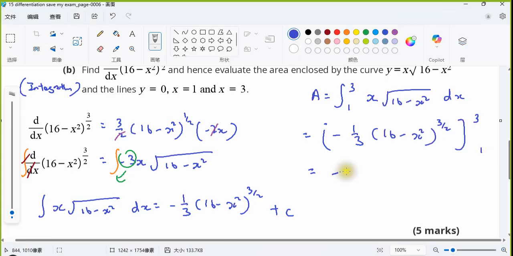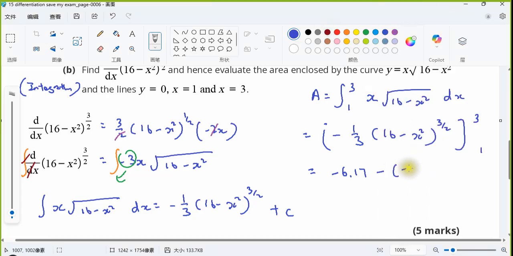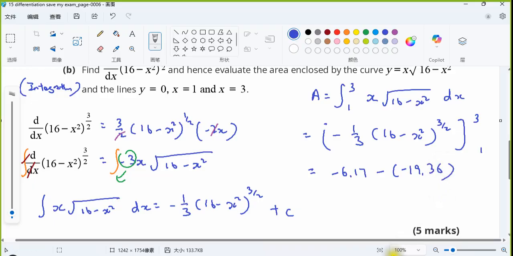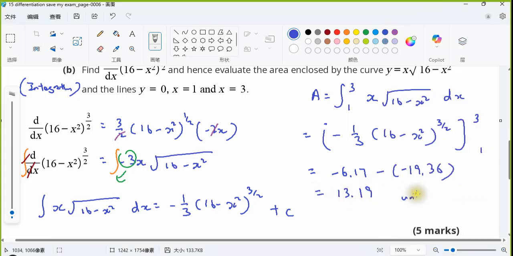So it's negative 6.17 minus, and we substitute with 1, then it's negative 19.36. So 19.36 minus 6.17, then it's 13.19. Okay, so 13.2. Okay, done.